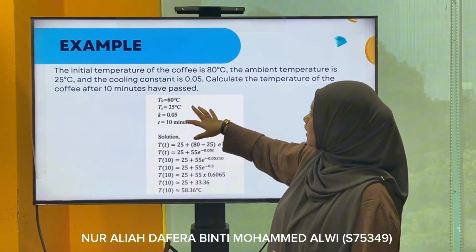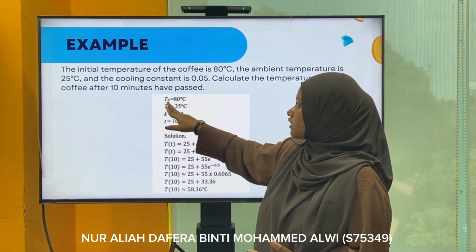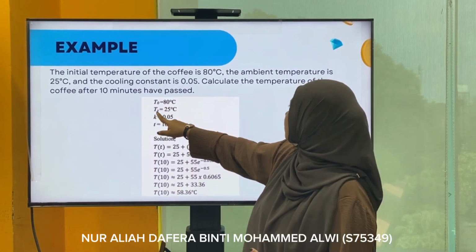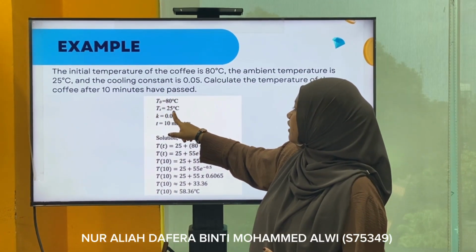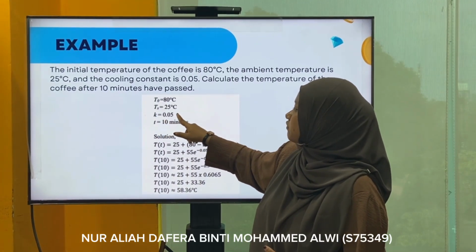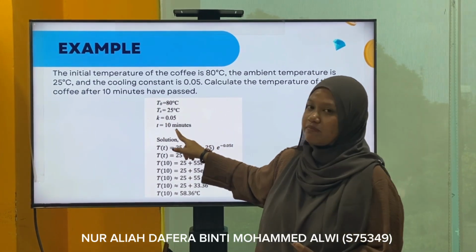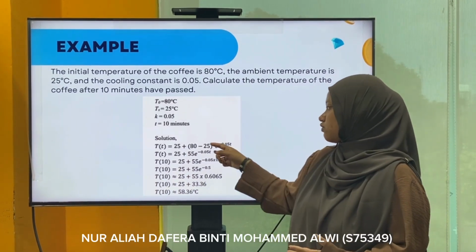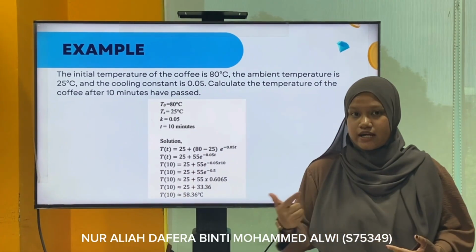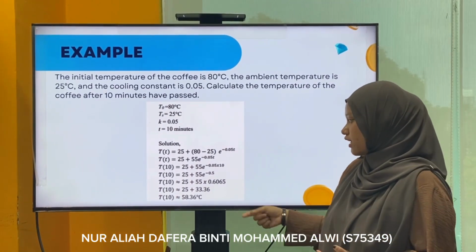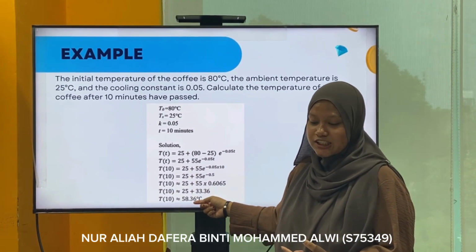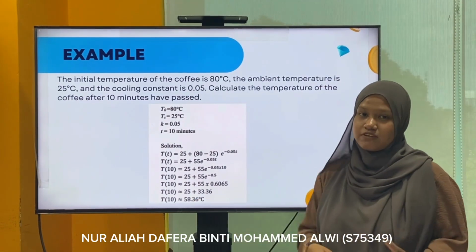So the initial temperature is 90, the ambient temperature is 25, the constant is 0.05 and the time is 10 minutes. We solve using the steps I explained before, and then we get the temperature of the coffee after 10 minutes.